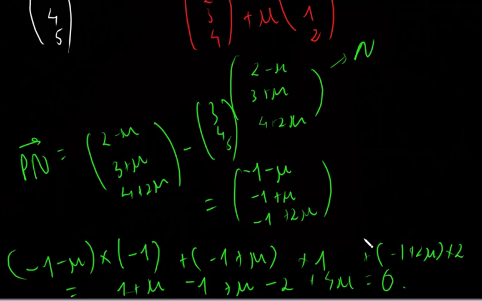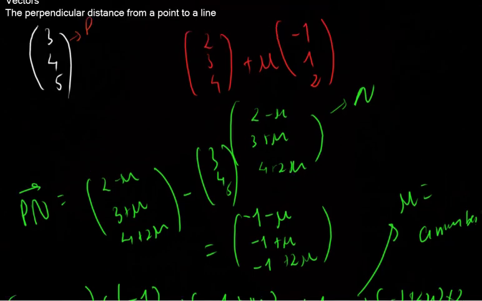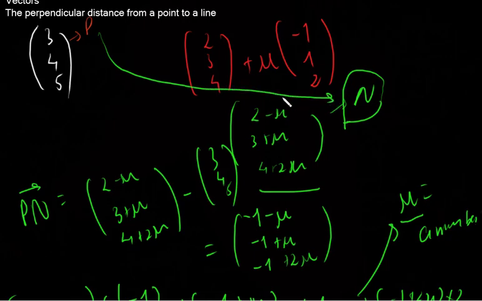Now once you find mu, so let's say mu is equal to a number, as mu is equal to a number, you can figure this out quite easily. So you have mu, so you can find the point N on the line L. And once you find the point N, you can find the distance between N and P. So the distance between N and P will be the perpendicular distance from the point to the line.